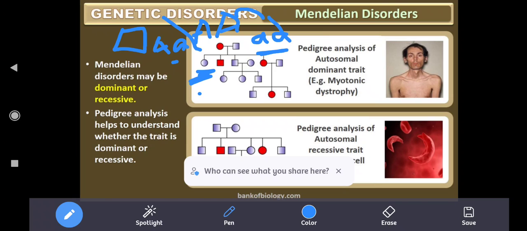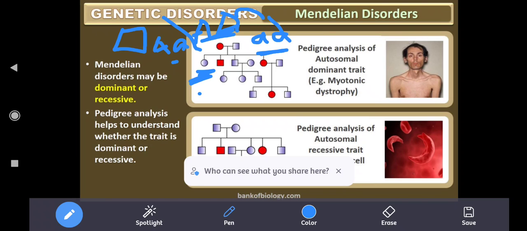But here the diagram shows that she is not affected. Listen carefully, it is a little complicated problem. If you understand one problem, then everything will be easy. If we consider she has both dominant traits, then definitely all the F1 generation will be affected.